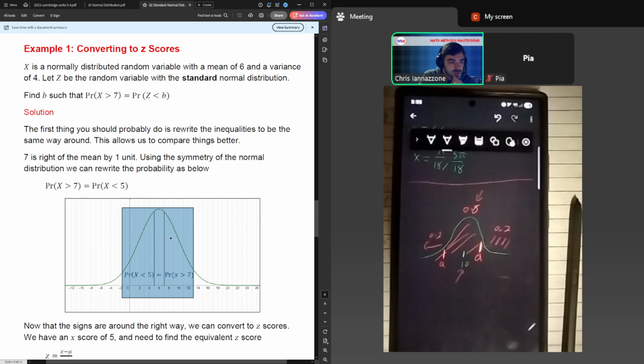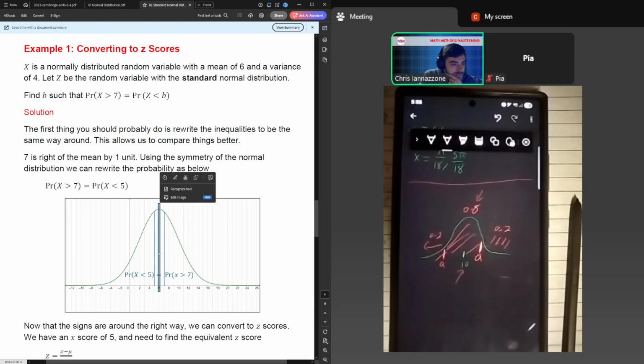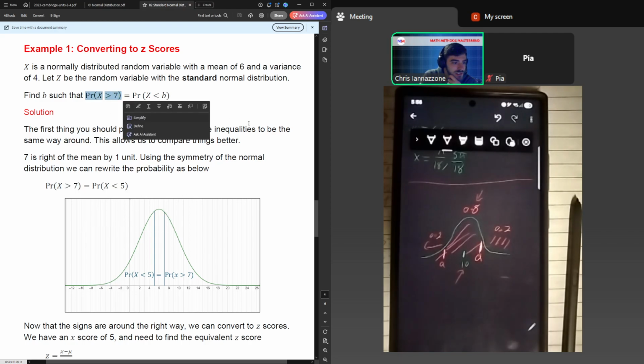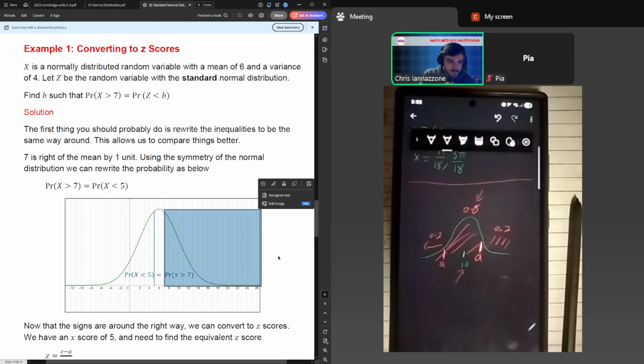I've specifically chosen to look at the normal distribution, which has mean of 6, as we were told. All we're going to do from there is plot what the probability of x being greater than 7 actually looks like. X being greater than 7 is all of this area. In order to flip the direction of that inequality, I need to figure out how far this is removed from the mean.